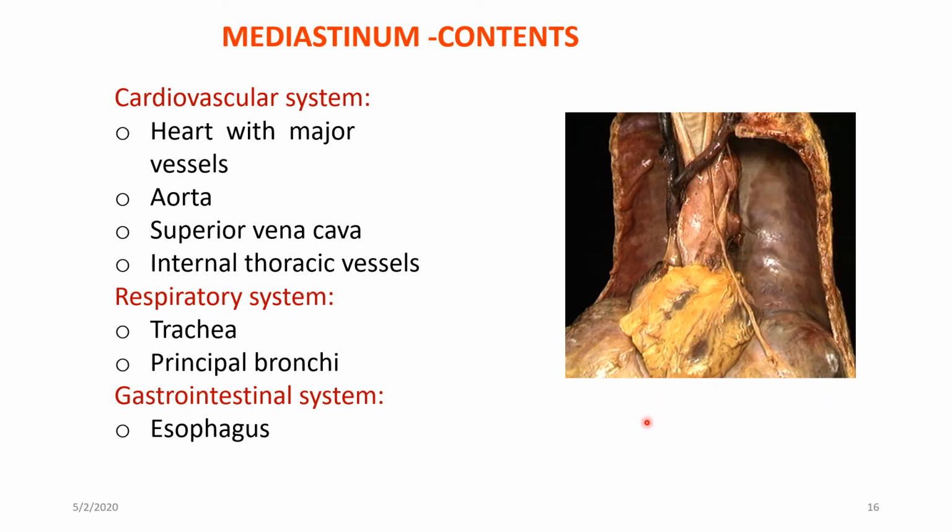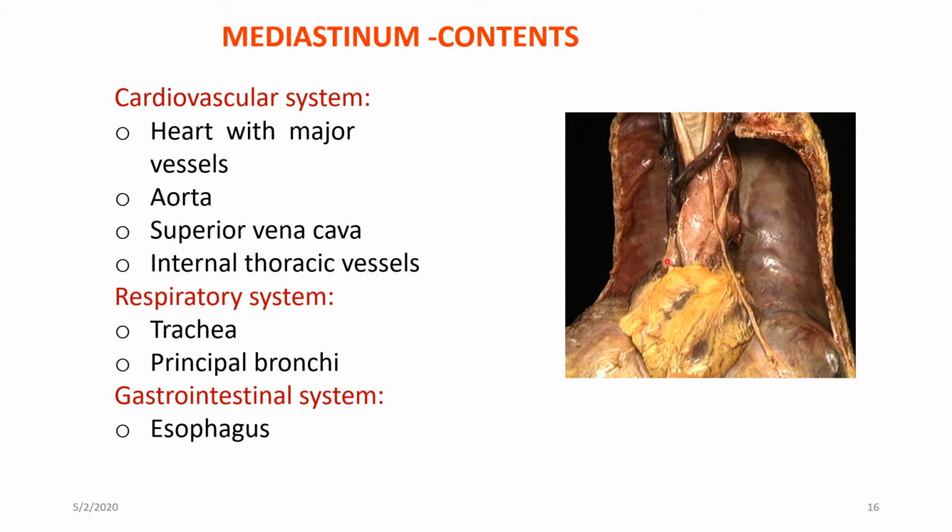The other contents of mediastinum of the cardiovascular system are heart with major vessels, aorta, superior vena cava and internal thoracic vessels. Here you are seeing the heart, the major vessel, the aorta you are seeing, and this is the pulmonary trunk.